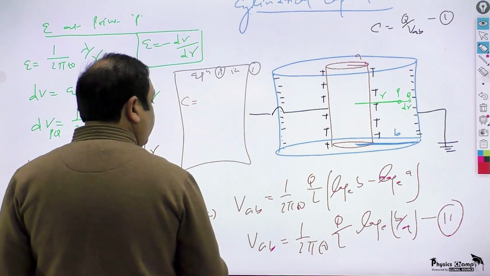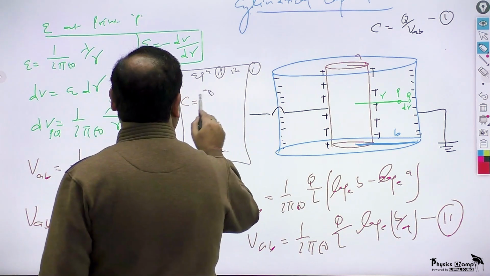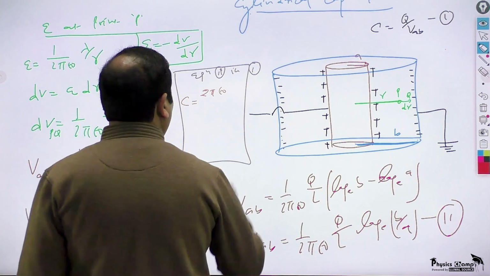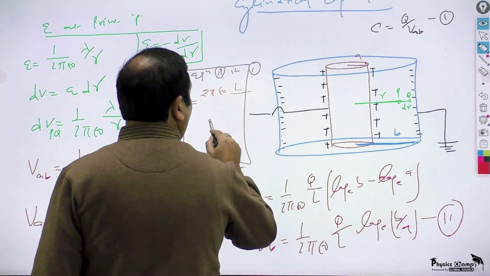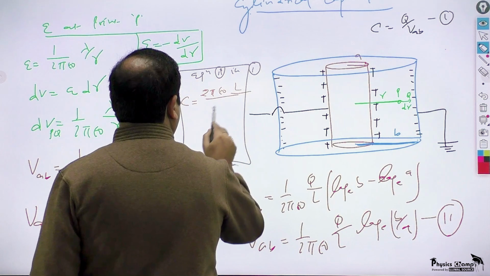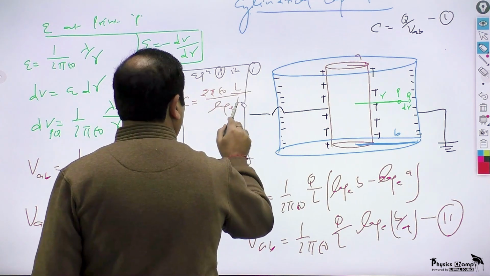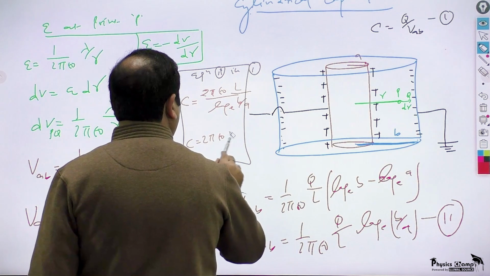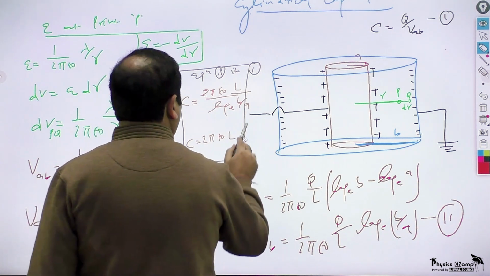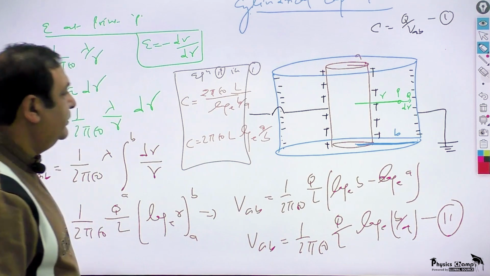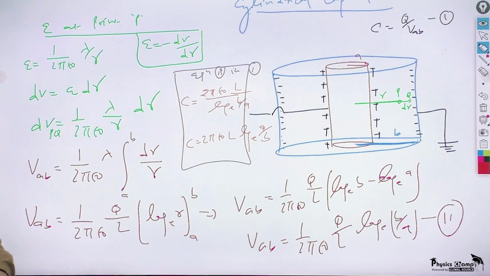So it becomes 2 pi epsilon naught L by log base e B by A, or 2 pi epsilon naught L by log base e A by B. So that's how we can get the capacitance of the cylindrical capacitor here.